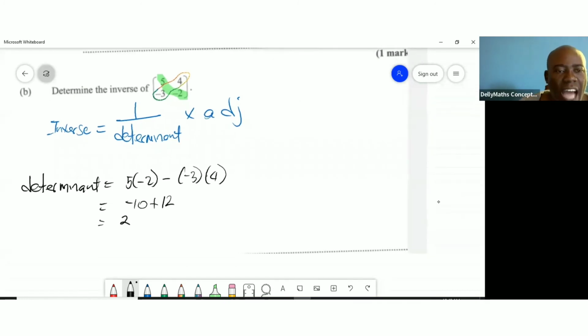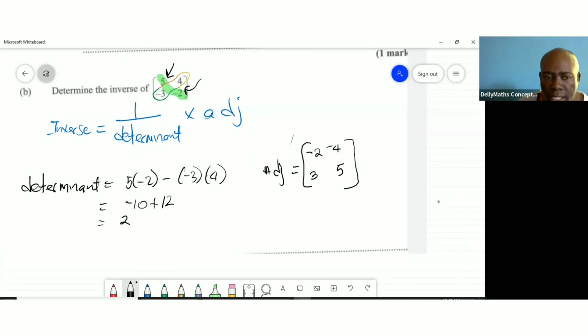Now, let's work out the adjoint. The adjoint of the matrix is going to equal, we're going to switch these elements, meaning they exchange places. So you could see the -2 and the 5 switch right here. And then we're going to change the signs on the others. What was negative becomes positive, and positive becomes negative.